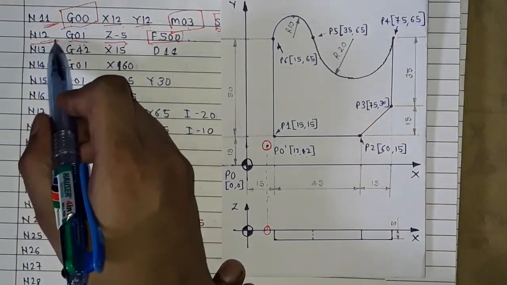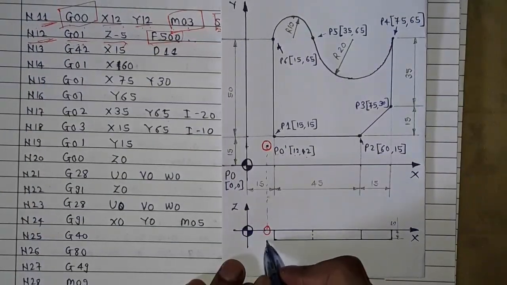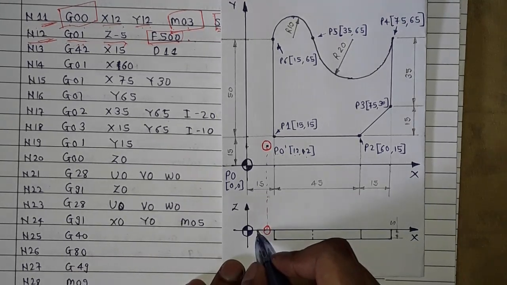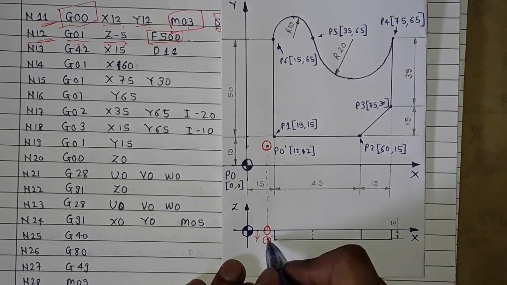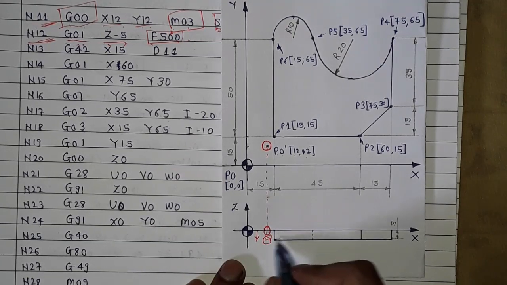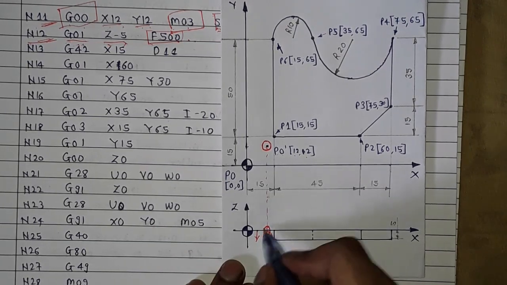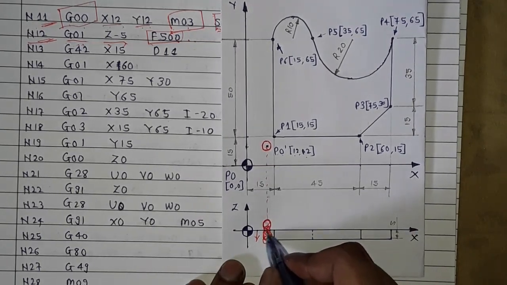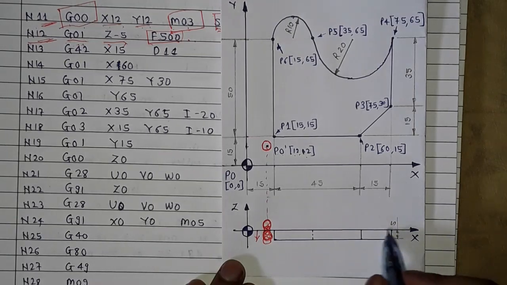Now for N12 programming, the tool will go down from this position to this one, to cut, in the downward direction minus 5.